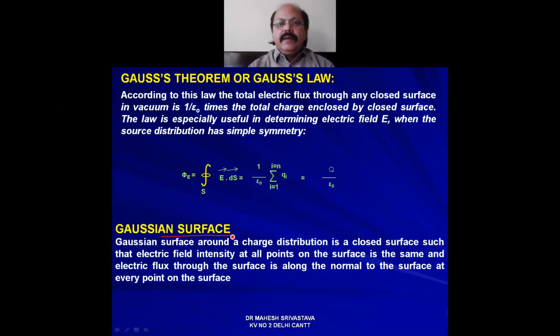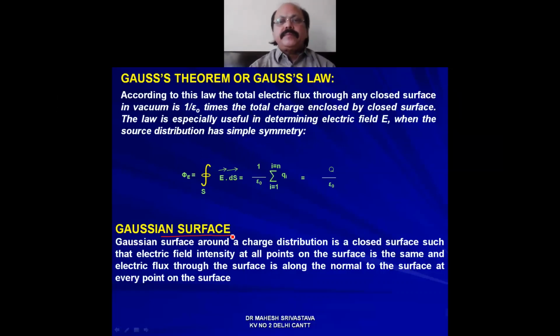So understand, a Gaussian surface always encloses the charge, and the electric field intensity at every point on its surface must be the same, and the electric flux through the surface is along the normal to the surface at every point. You remember it.